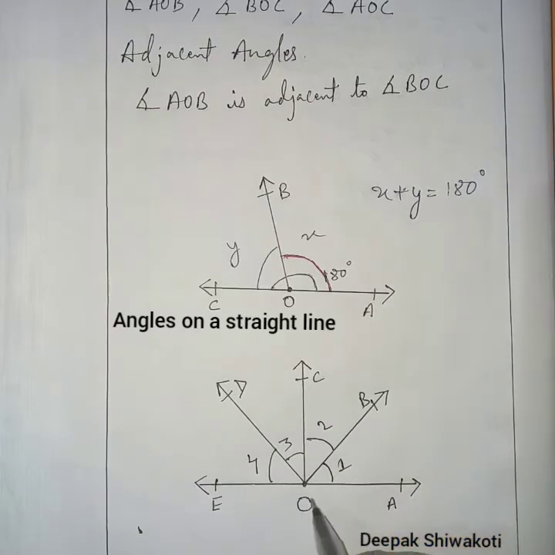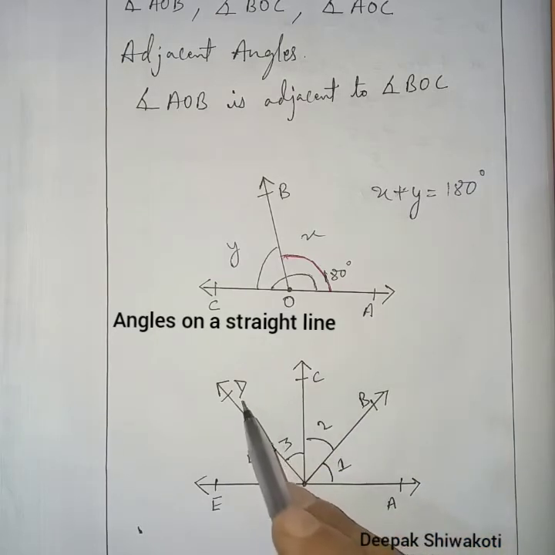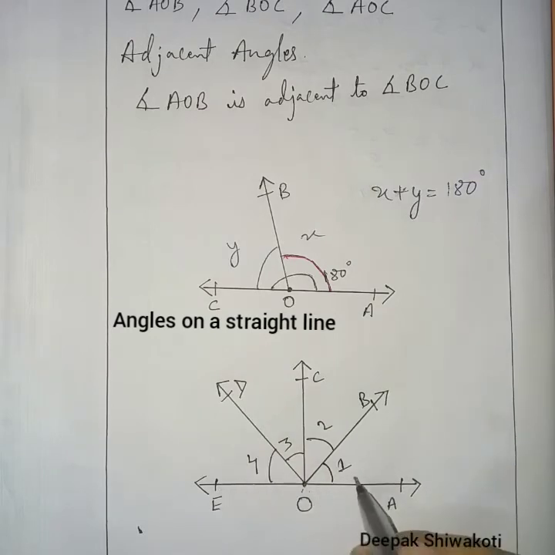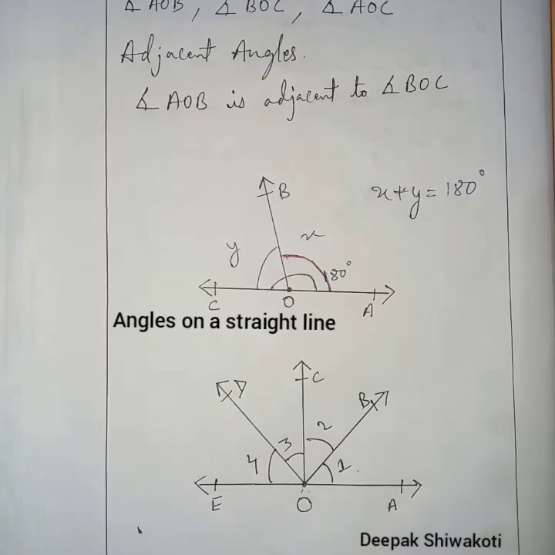So here at this point the angles formed on this line are angle AOB, angle BOC, angle COD, and angle DOE. If you add the measure of this angle, this angle, this angle, and this angle, how much are we going to get? We will get 180 degrees.